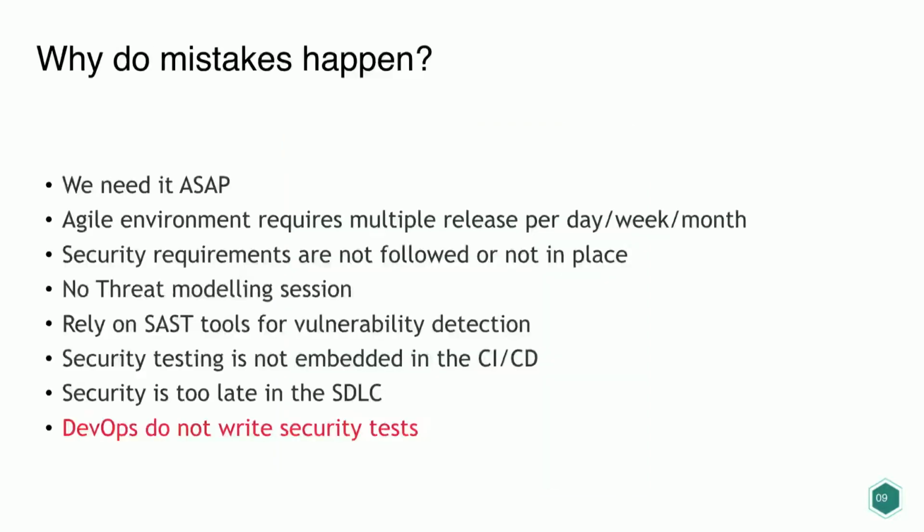So why do mistakes happen? Mistakes happen because we need a feature, we need a new product as soon as possible. So developers are under pressure. And maybe security requirements are not followed, not in place, not enforced, or there is no threat modeling session done before deployment.